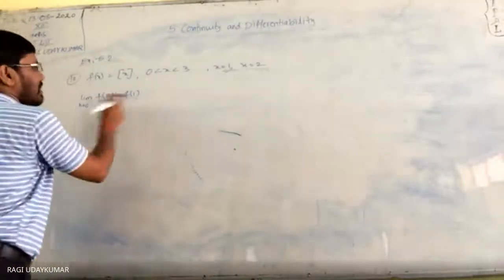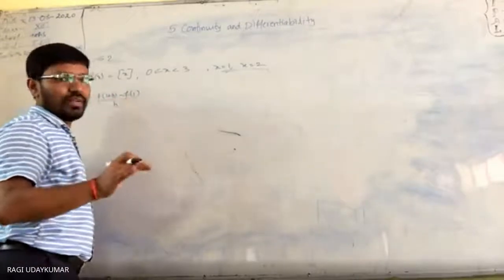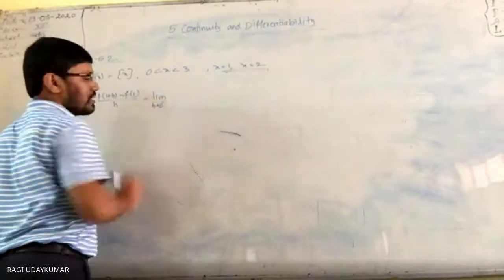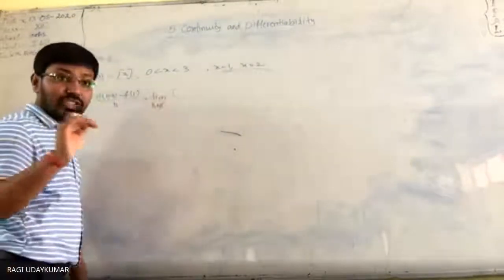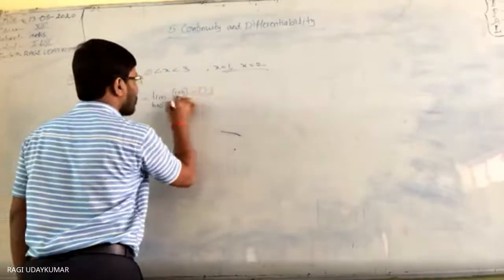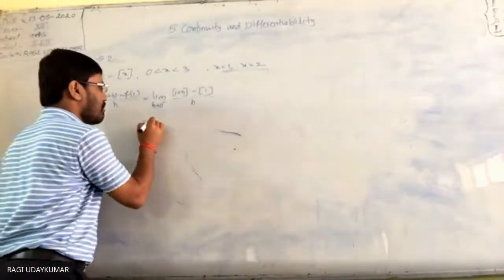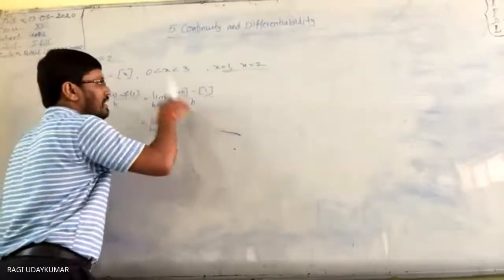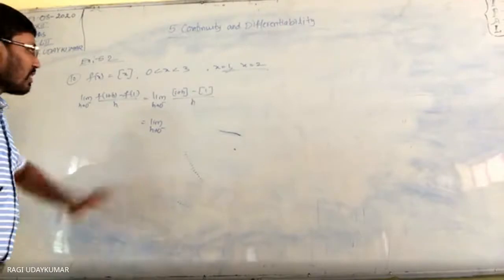So 0 minus means the left hand limit, which you need to take into consideration. Now what will this value 1 plus h be?